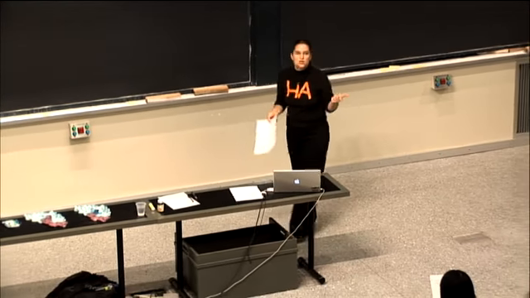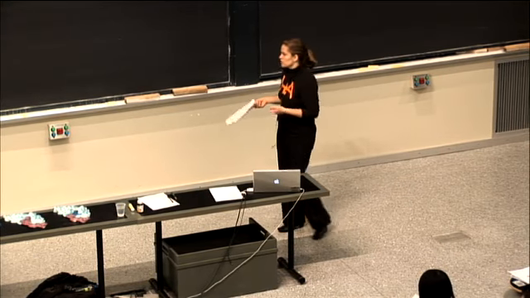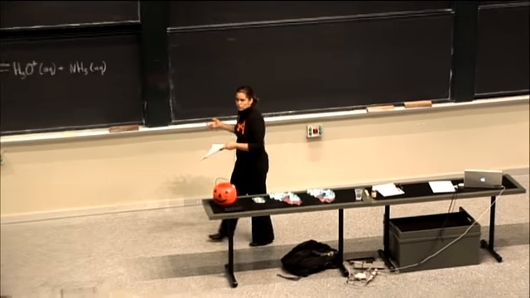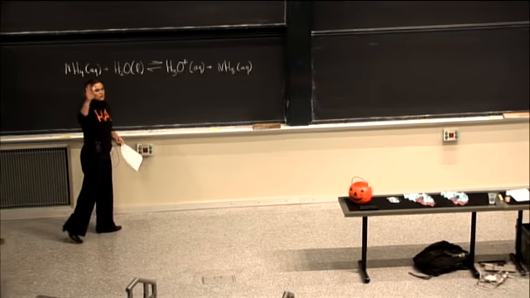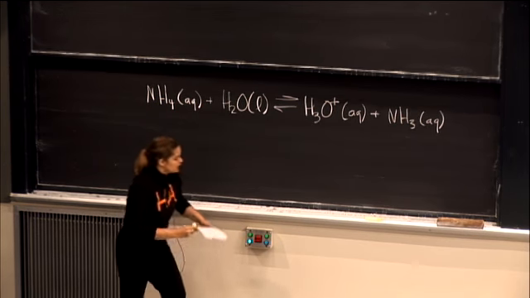OK, so let's prove that it has to be true that there's a relationship between the conjugate acid and its conjugate base, that they both can't be strong. One has to be weak, strong, or ineffectual. All right, so let's look at the first one up here.